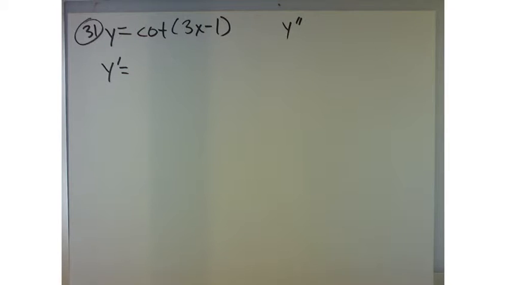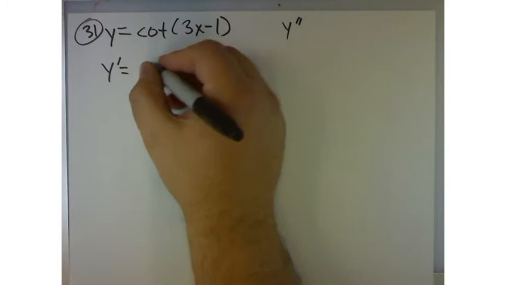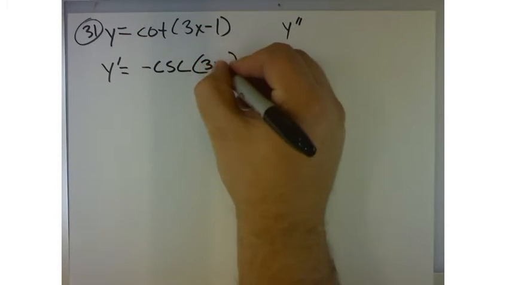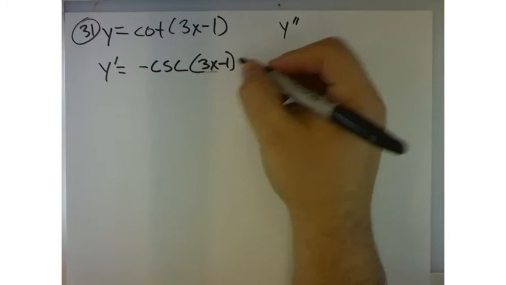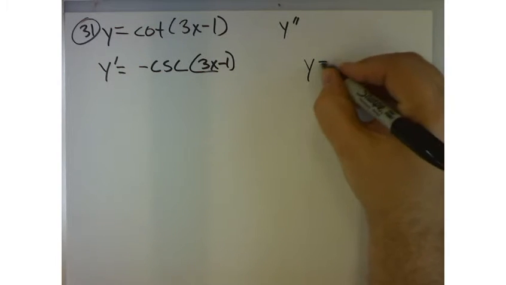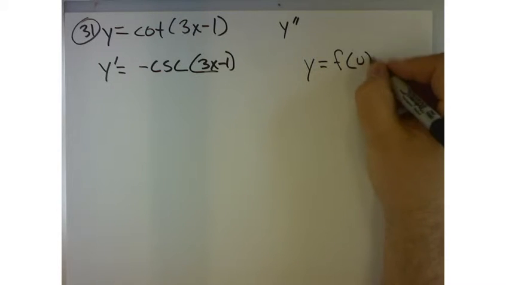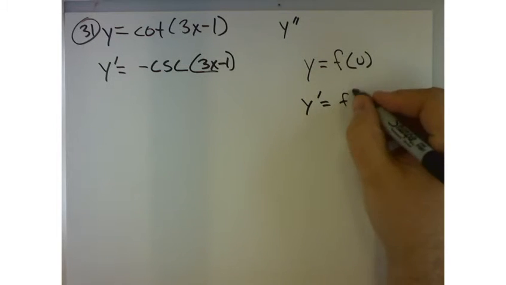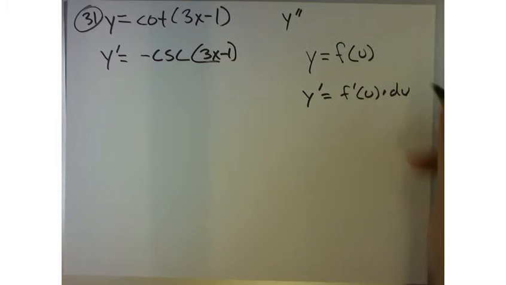Yeah, it's cosecant. So for this one, I'm going to take negative cosecant of the stuff, which is 3x minus 1. Then I have to tack on the derivative of the stuff on the inside. Now, the way Mr. Adams learned this is that if I have y equals some function of u, then y prime would be f prime of u, and then you tack on the derivative of u, right?